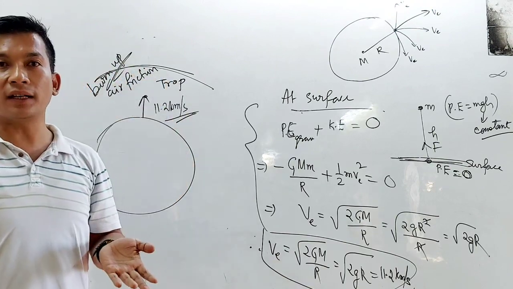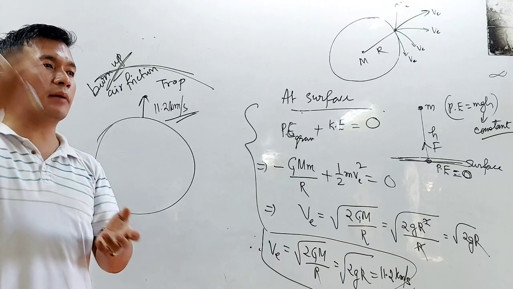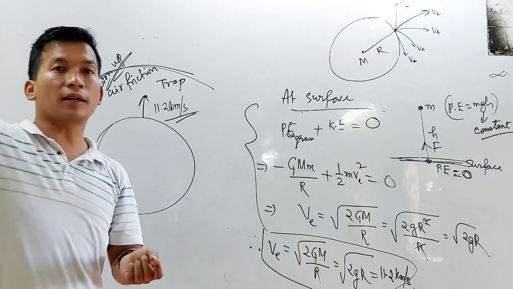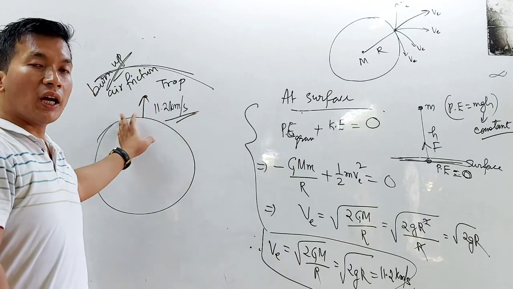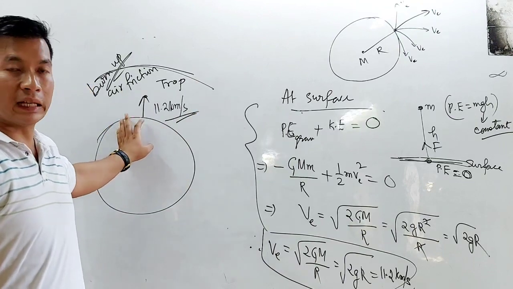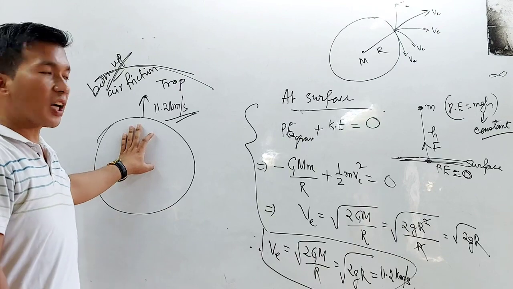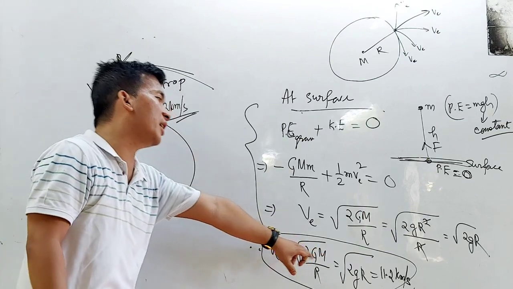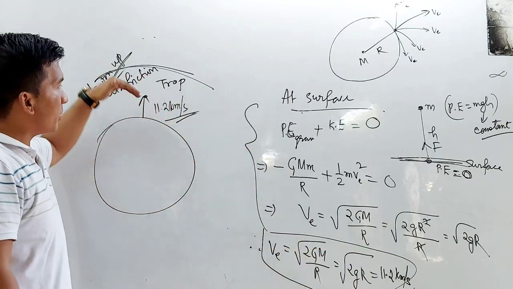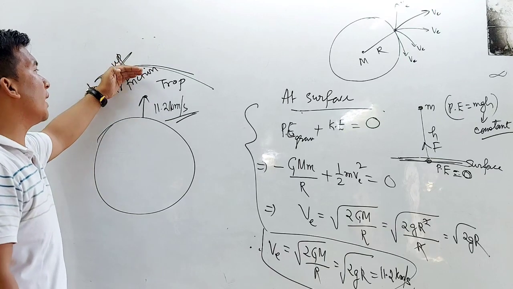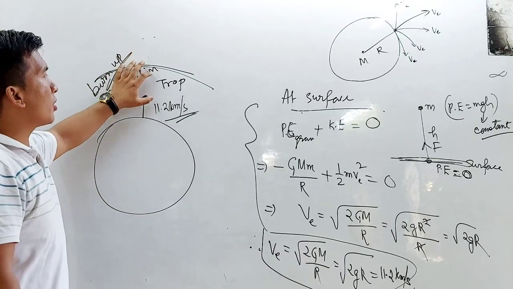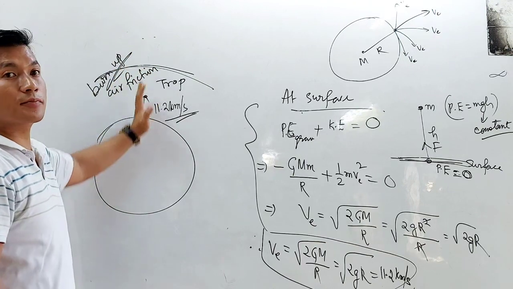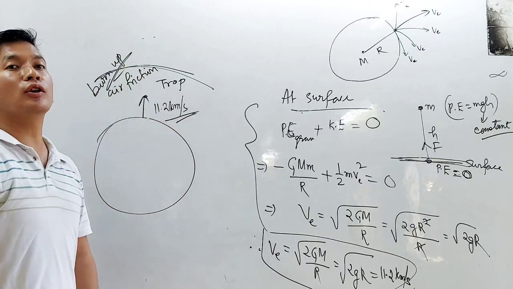Comets and meteorites burn because of air friction. At this very high speed the air friction produced will be very high, so a great amount of heat will be produced, and this heat will burn up the object that is projected with 11.2 km per second.